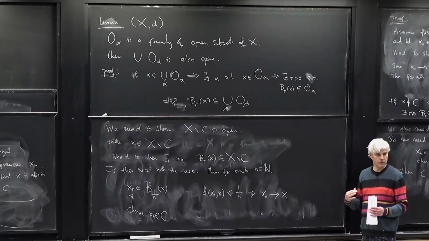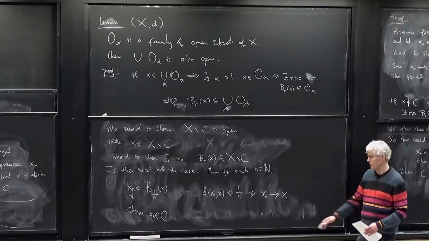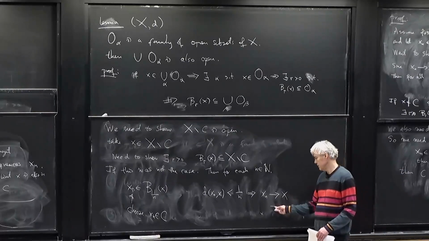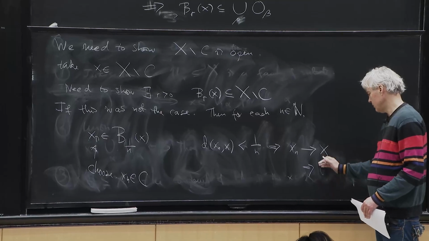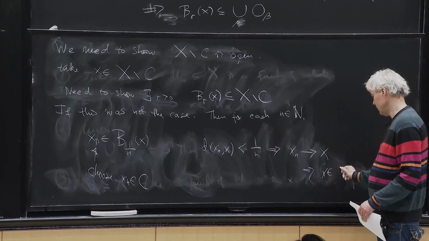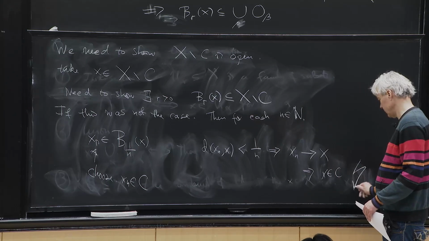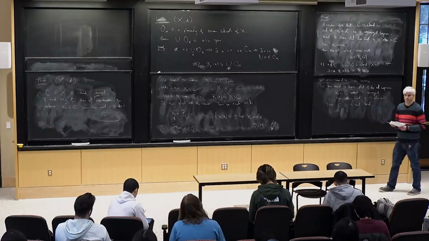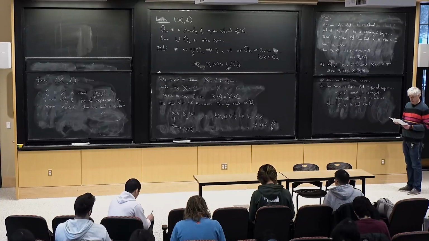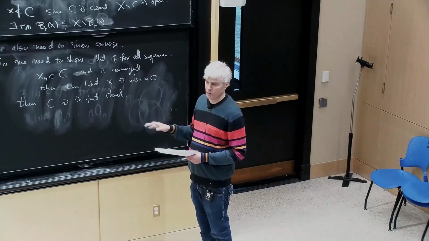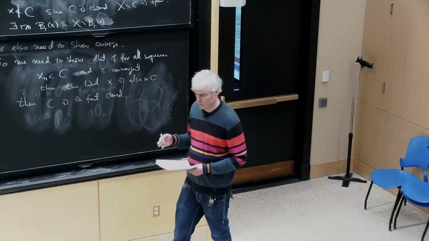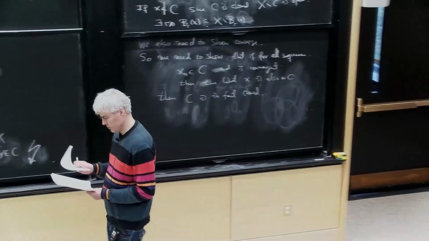And now the assumption was that whenever you have a sequence that is convergent and these terms lie in C, then the limit also lies in C. So from the assumption, x here is in C, but this is a contradiction. You were assuming that x was not in C, right? Okay. And again, this is really useful, but it's only useful as a tool for proving things. It's not useful for checking whether an example is open or closed.